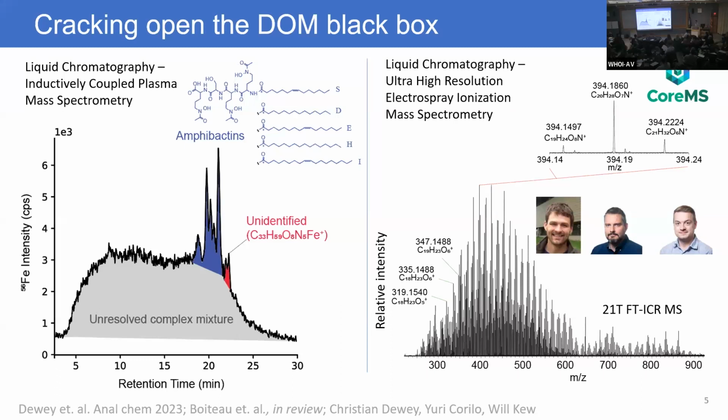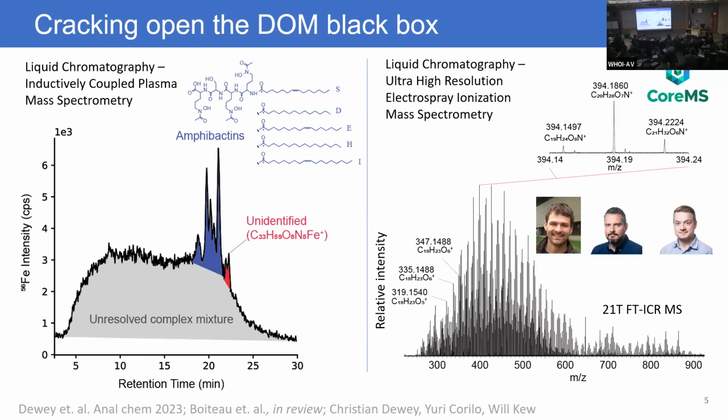So we've been working really hard on approaches for identifying the specific molecules that comprise these different peaks that we can detect. Myself and my postdoc Christian Dewey have been working with Yuri Carrillo and William Q at the Pacific Northwest National Lab to develop data processing pipelines to assign molecular formula to these LC ultra high resolution mass spectrometry spectra.